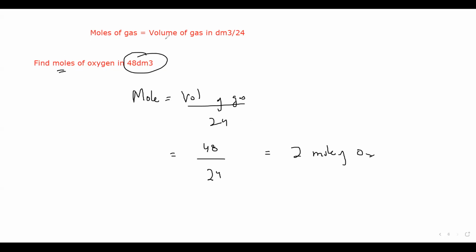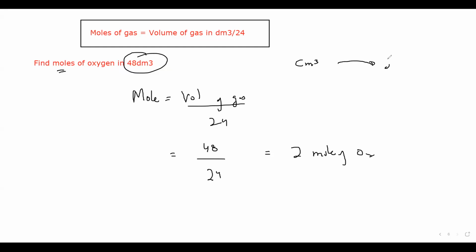So if volume is given, we use this formula: moles of a gas equal volume of a gas in dm cube divided by 24. And volume should be in dm cube. If volume is given in cm cube, then you have to convert the volume into dm cube by dividing by 1000.